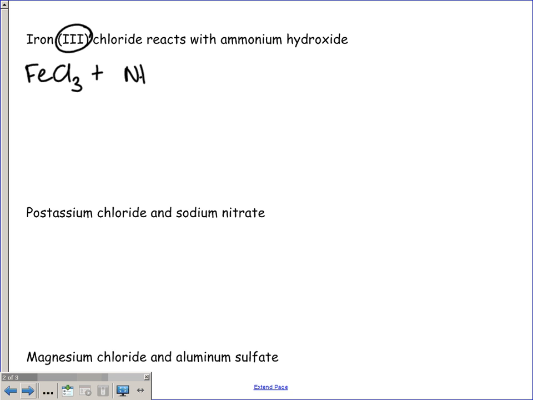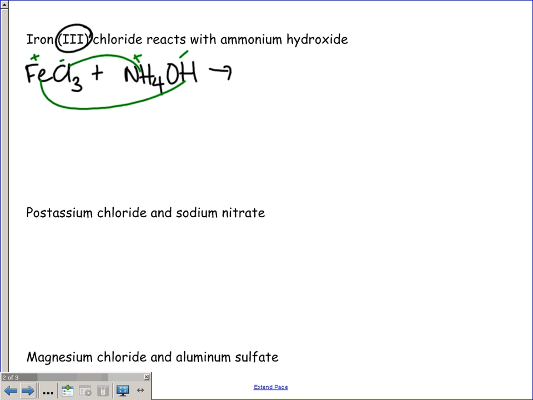Ammonium is one of the only positive polyatomic ions, NH4+. It's going to bond with hydroxide, OH negative. When those crisscross, they form NH4OH. So remember with a double replacement reaction, I have positive ions and negative ions, and they crisscross. So iron's going to bond with hydroxide, ammonium's going to bond with chlorine.